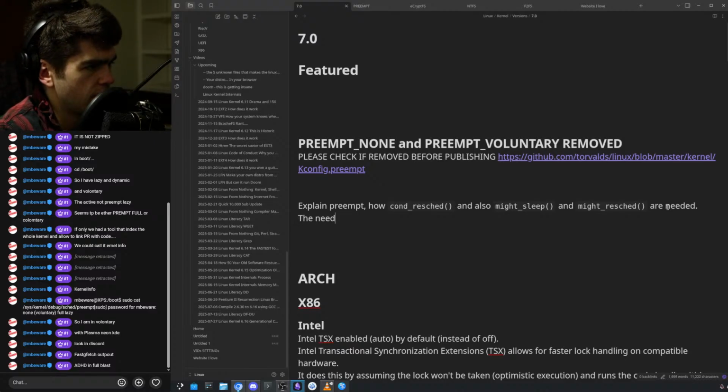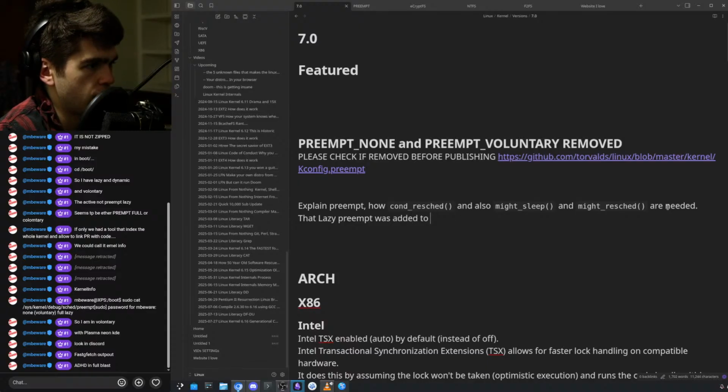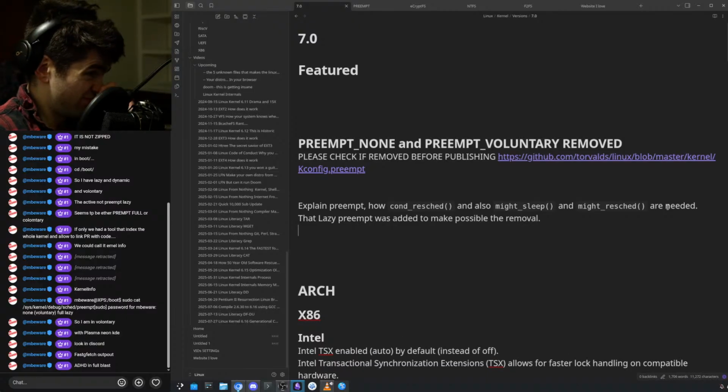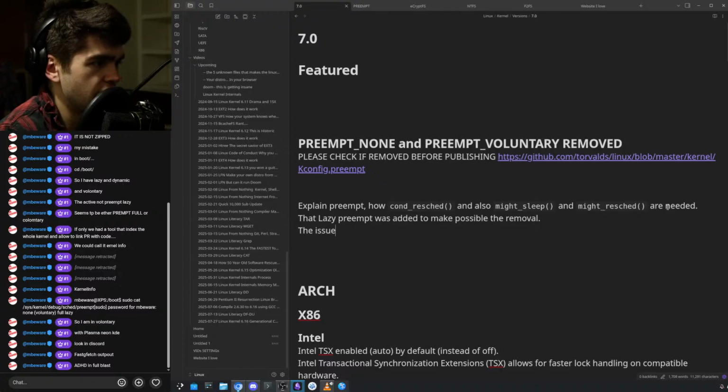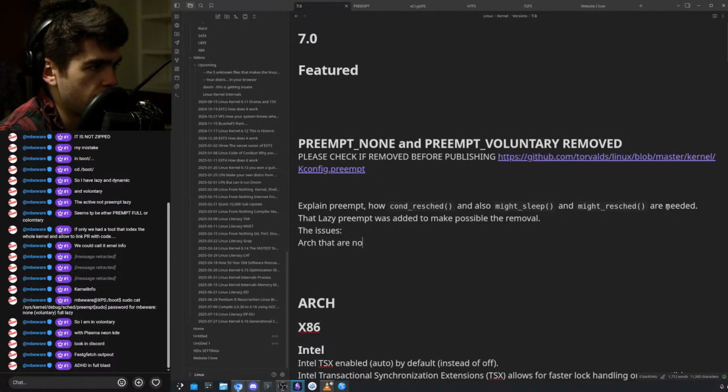Lazy preempt was added to make possible the removal of the issues with arches that are not capable of preempt.